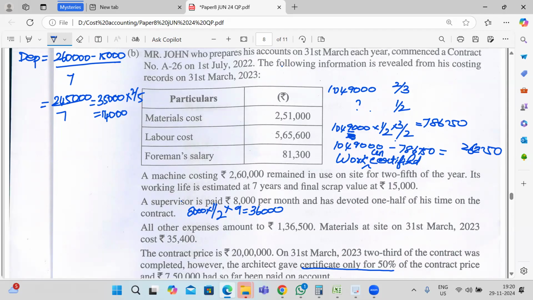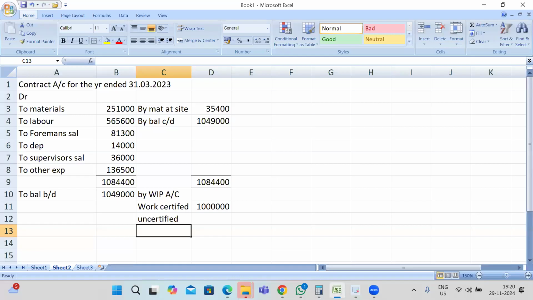So I will be getting 7,86,750. So total work minus certified work is my work uncertified. The difference between these two amounts, that is 2,62,250, is my work uncertified, right?